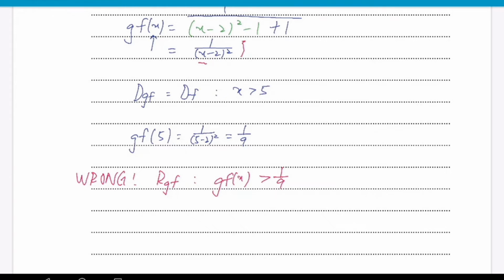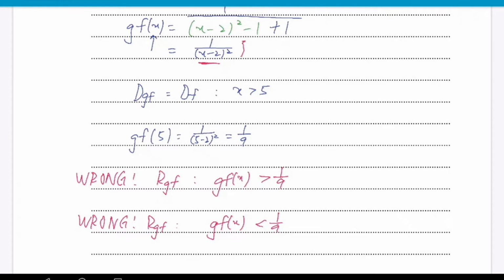Another wrong thing is that, since it is getting lesser and lesser, we might say that the range of gf(x) here is less than 1 over 9. Another wrong thing. Why is it like that? When x is getting bigger and bigger, what happens in the denominator there? It goes to infinity.